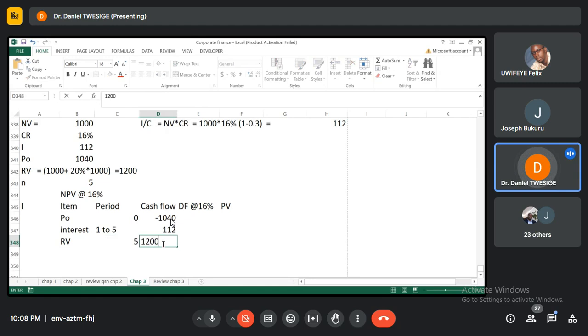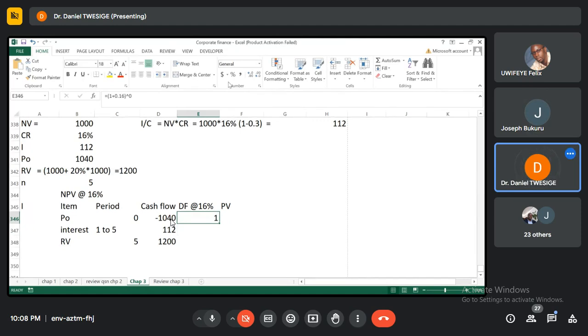So remember the formula we said last time: the lump sum and an annuity. For this one, I'm using a lump sum where I will have 1 plus 0.16 power minus 0.